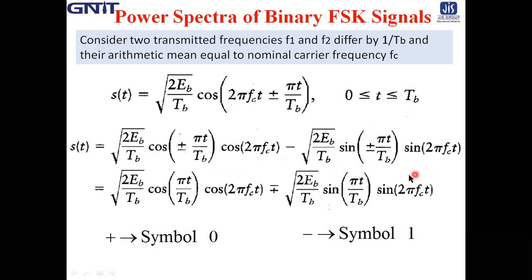So that is square root of 2EB by TB cos(pi t by TB) into cos 2 pi FC t minus plus square root of 2EB by TB sin(pi t by TB) into sin 2 pi FC t. Here the plus sign corresponds to transmitting symbol 0 and the minus sign corresponds to transmitting symbol 1.